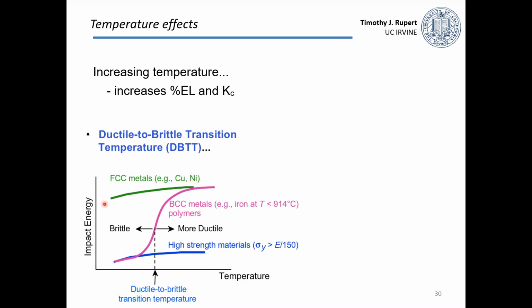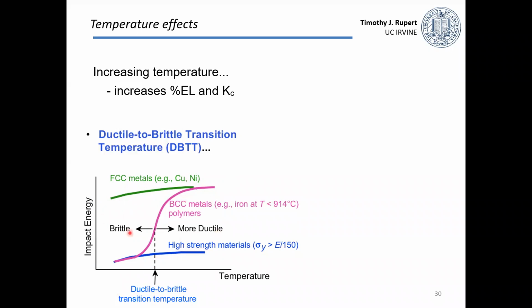So at most of the temperatures we care about, these materials stay very ductile. It's hard to get it cool enough to make it brittle. On the other extreme is this blue curve on the bottom. These are really high strength steels and alloys. These stay pretty brittle. Even if I heat it up, that impact energy only increases a small amount.